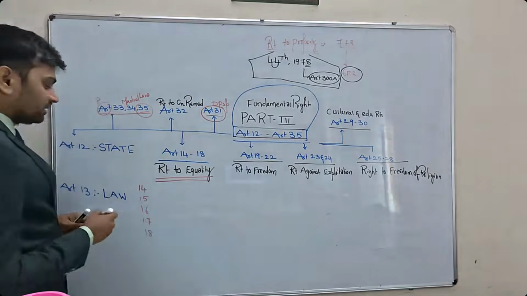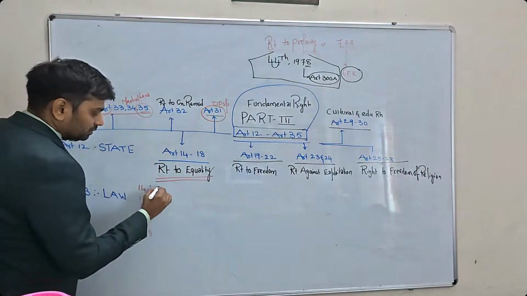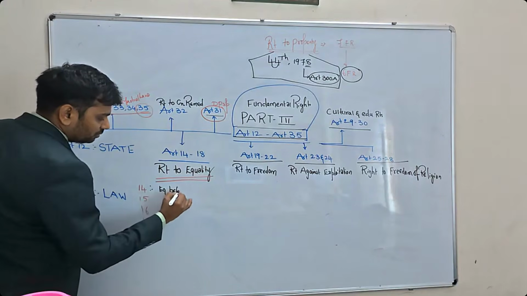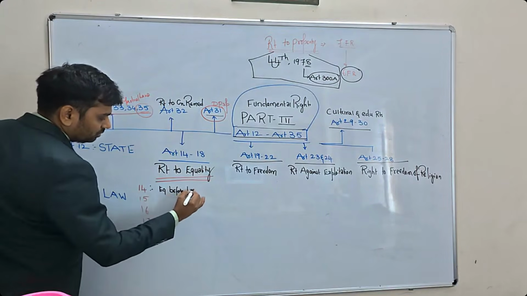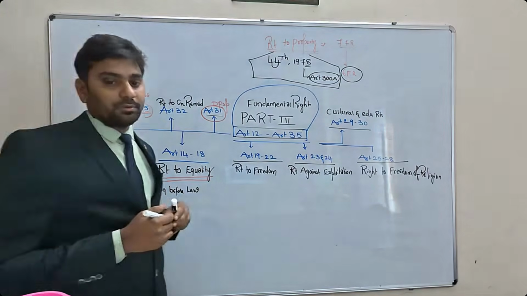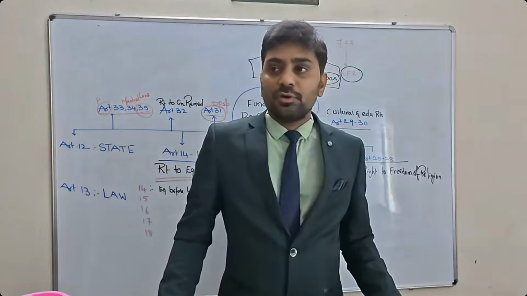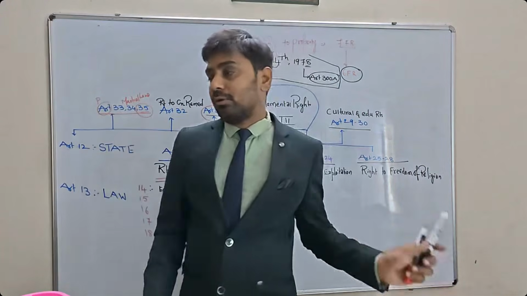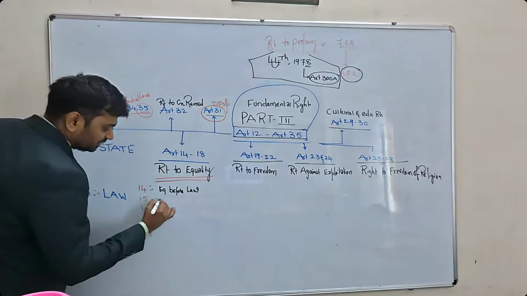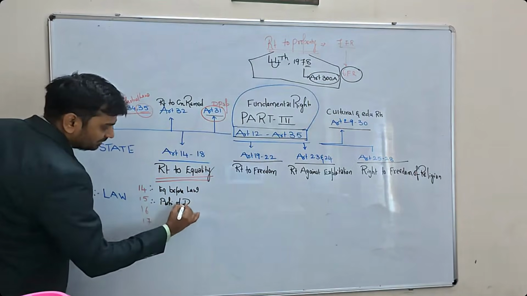So Article 14 speaks about equality before law. Next one is prohibition of discrimination.